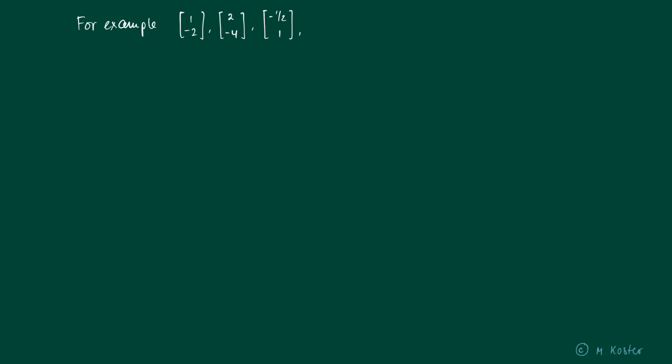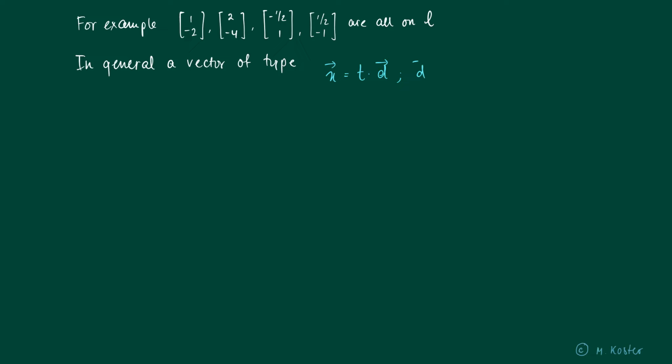These are all vectors on the line L. And we see actually that these are all multiples of one and the same vector. So we have x is t times a vector we will refer to as a direction vector of L.